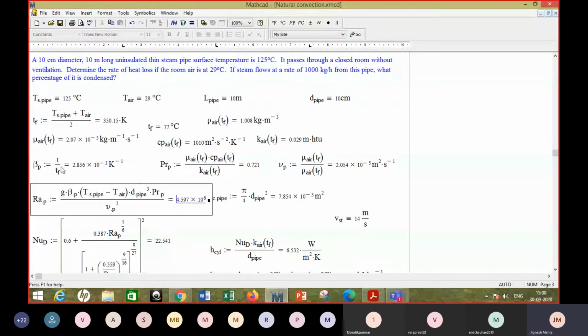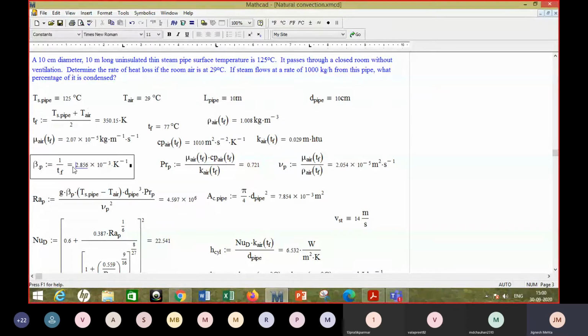Now, when you are dealing with natural convection, this beta, volumetric thermal expansion coefficient, is one of the important parameters. And for air, you can assume it to be like ideal gas, so it will be 1 upon absolute temperature, right? So this should be put as 350 Kelvin, not as 77.